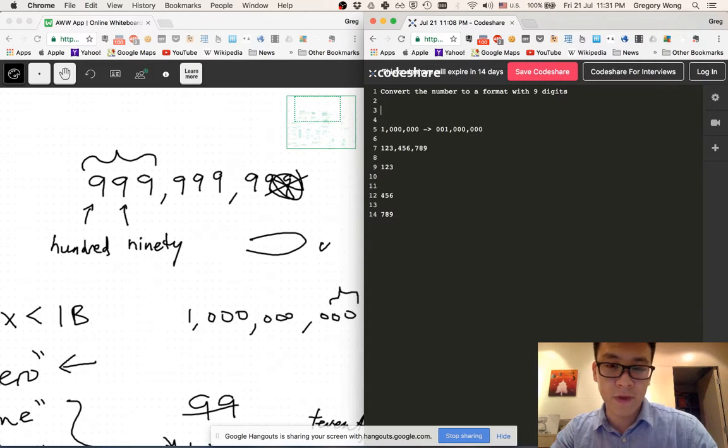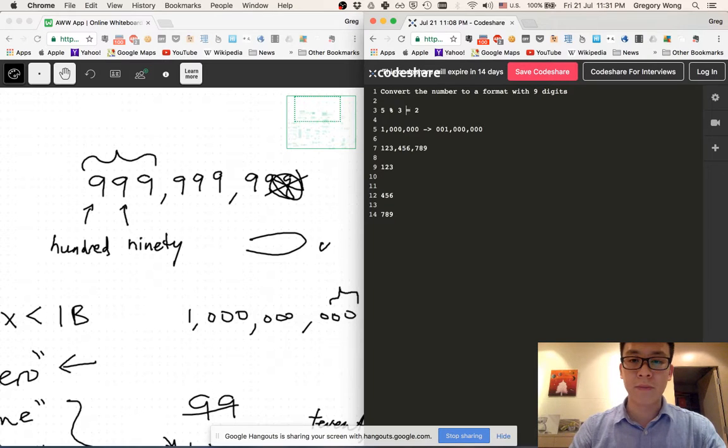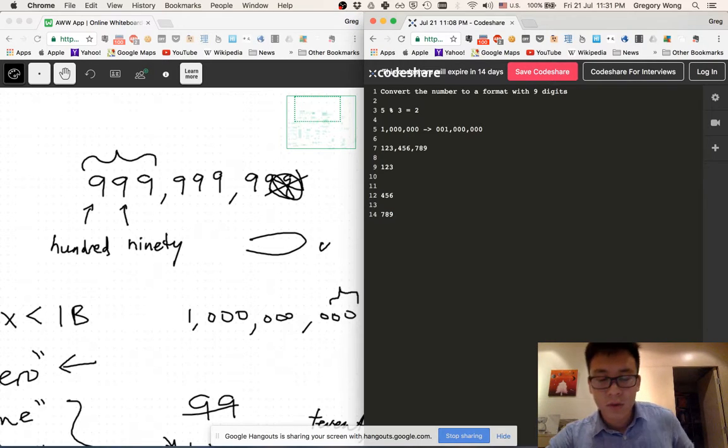For example, if you had 5 digits, you mod that by 3, you get a remainder of 2. And so you need to add one more to that number.